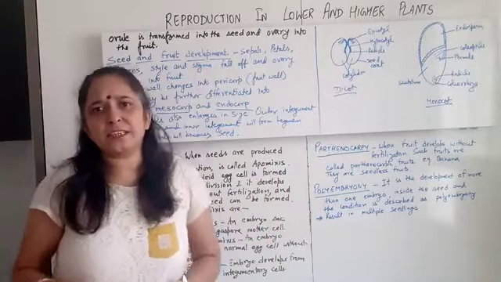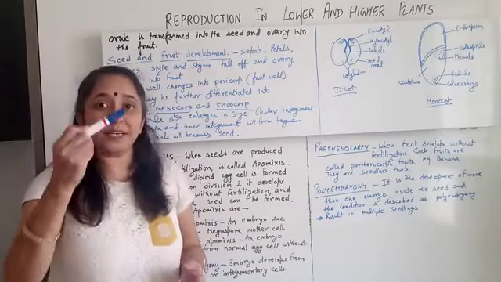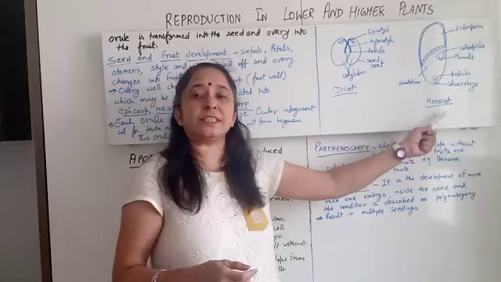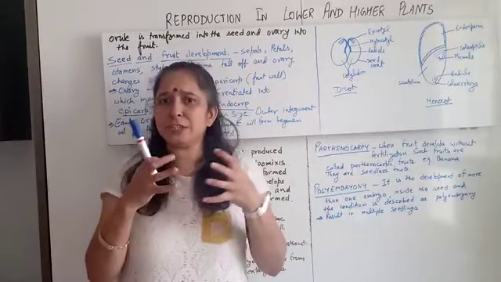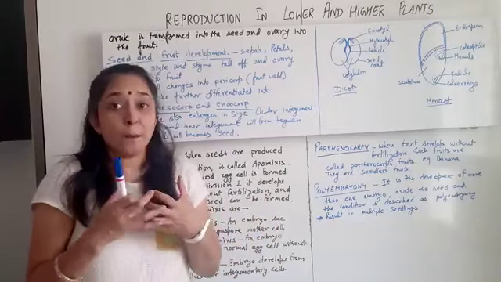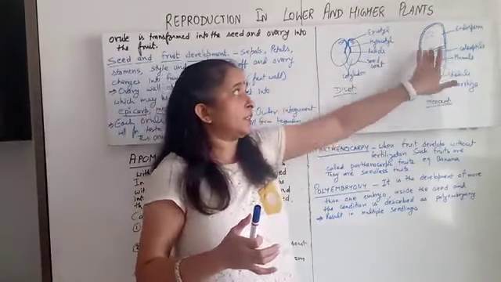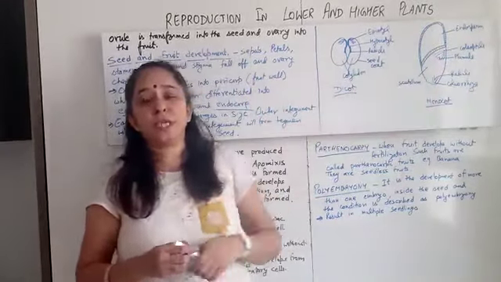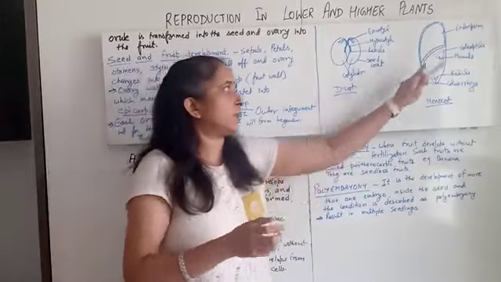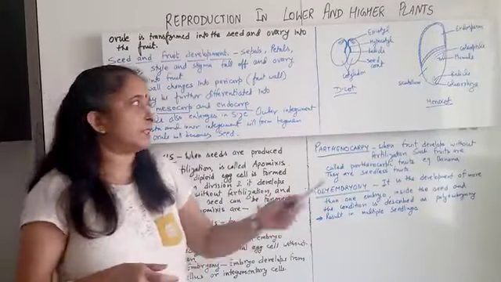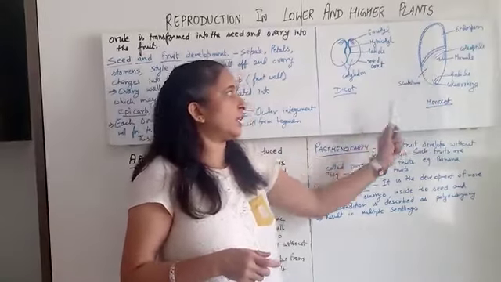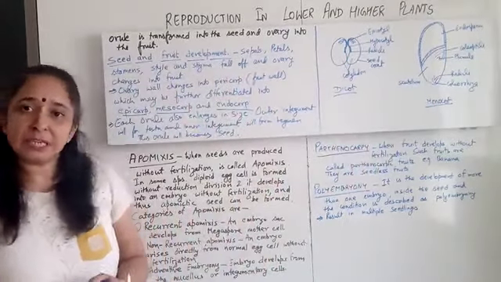That's why we said that nourishment is provided in the case of monocot seed to the developing embryo by the scutellum. So the scutellum itself does not have reserve food material, but whatever the endosperm gives passes through the scutellum. So these are the parts of the dicot and monocot seed.